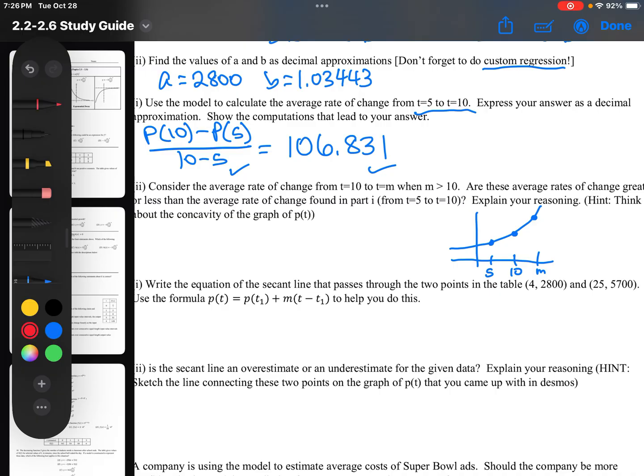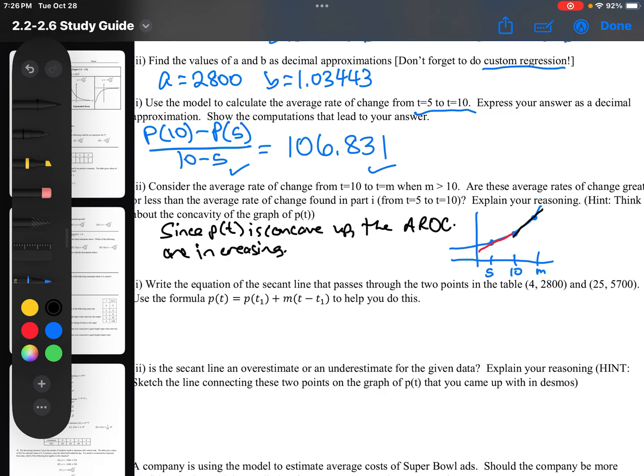They're asking is the average rate of change from 5 to 10 greater than or less than the average rate of change from 10 to whatever our m is? Well, since P of t is concave up, the average rates of change are increasing.